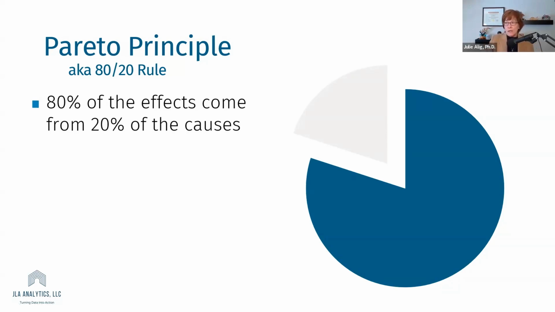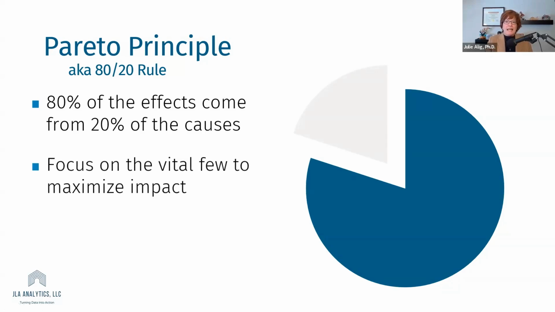But it's a good rule of thumb: 80% of the effects of something come from 20% of the causes. And in a business context, especially, it's important to focus on those vital few. So that 20% in the pie chart is the gray part, right? The 20%. Okay. Now, let's apply it to business, which is what some MIT researchers did.